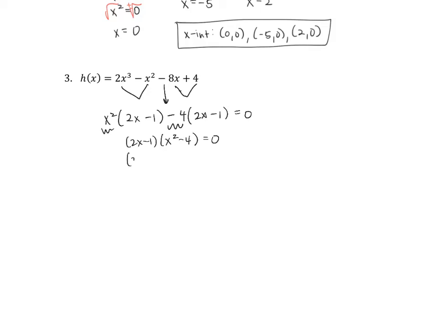You can factor the x squared - 4 again because that's a difference of squares. That'll be (x + 2)(x - 2). And then you set each factor equal to 0 and solve. All right, so when I solve this first one, I'm going to add 1 and then divide by 2.